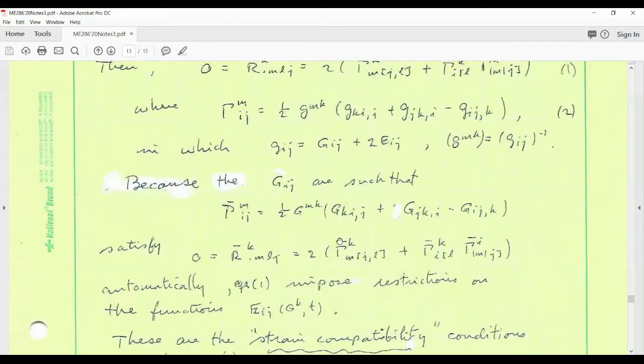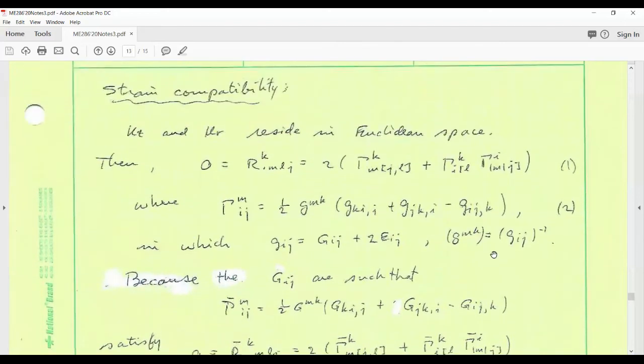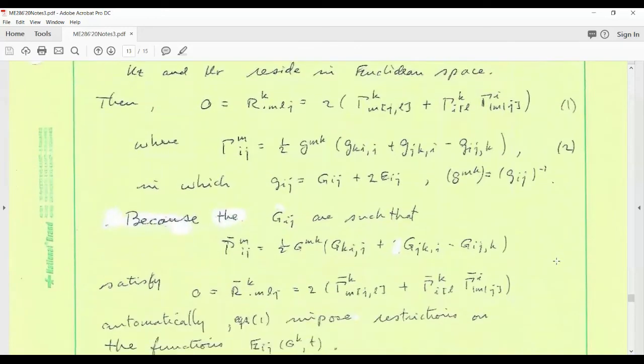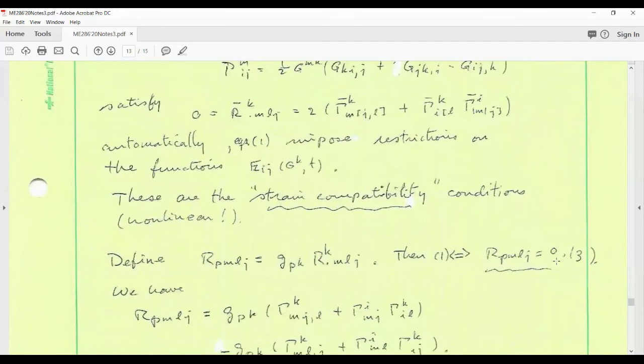So then with the referential metric such as to satisfy this automatically, the first equation becomes a system of equations that again restricts the covariant strain components. Those are the conditions such that the strain gives rise to a configuration in Euclidean space. That's all it means. Right?